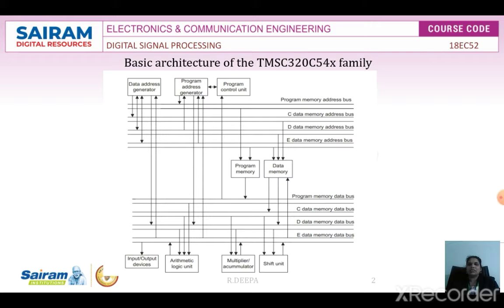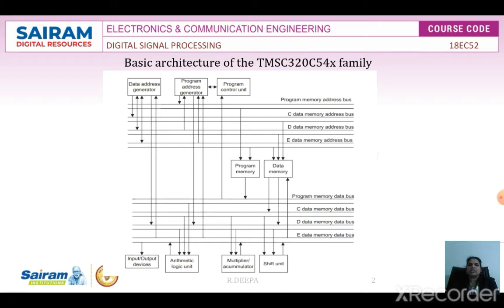And as you can see in the block diagram, it has got input output devices and an arithmetic and logic unit and MAC, that is the multiplier and the accumulator unit, and additionally the shift unit, and we have separate program memory and data memory as it is following the Harvard architecture, and we have separately the address generator and the program generator and program control unit, which is going to be the heart of this digital signal processor.